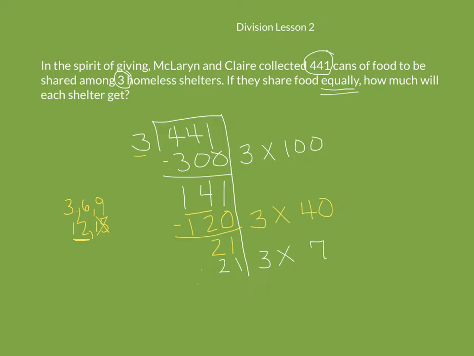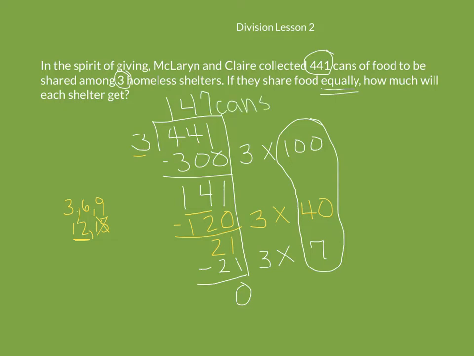So McLaren and Claire put another 7 in each group for a shelter, and they have no more cans of food to share. So let's see how many cans of food are in each shelter. 100 cans, 40 cans, 7 cans. So 147 cans of food will go to each shelter.